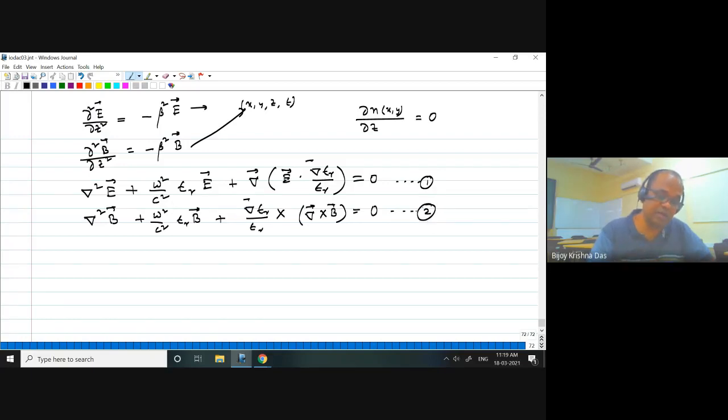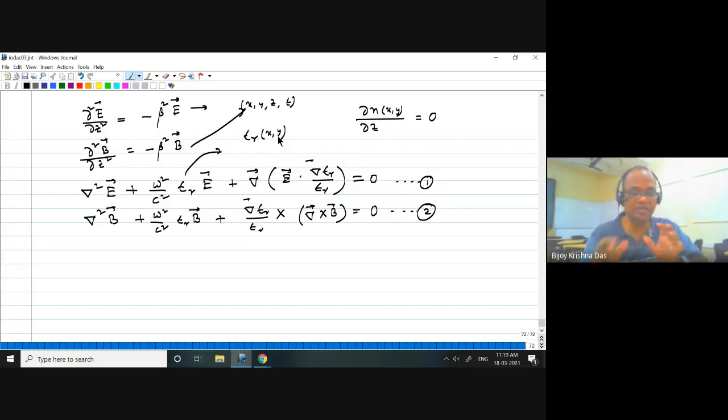And this equation I need to solve assuming epsilon r is xy dependent. I should keep in mind the variation is xy dependence. It can vary, it can be graded, it can be step type or whatever, but if you see the entire cross section of the waveguide, you have a core with higher refractive index and a cladding with lower refractive index.